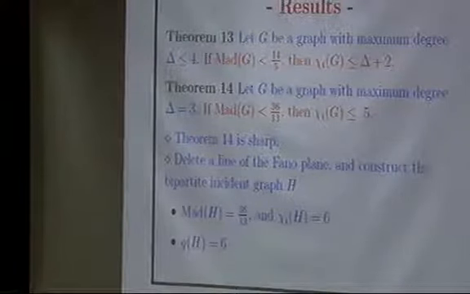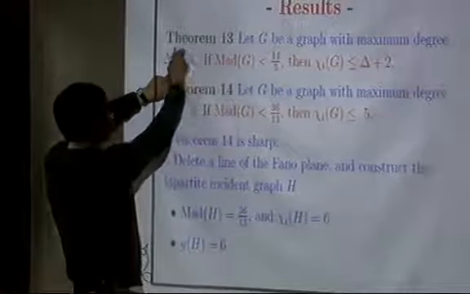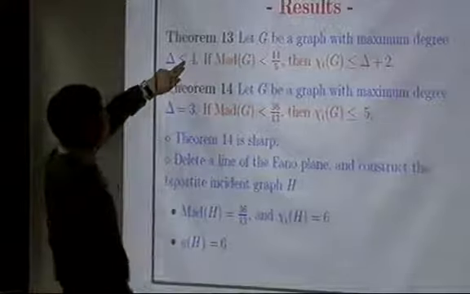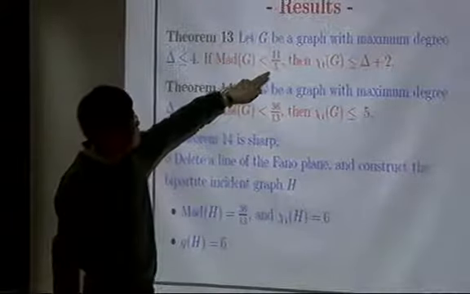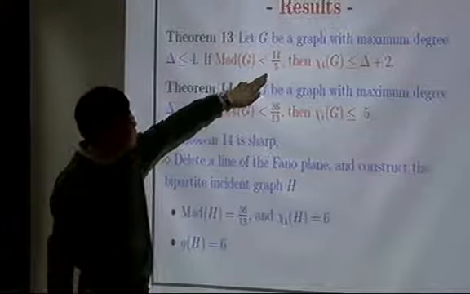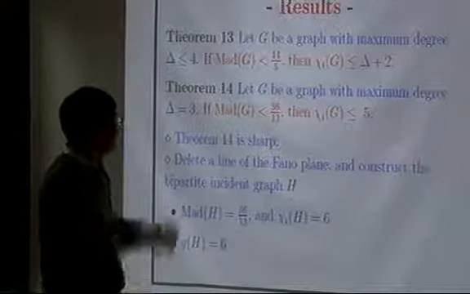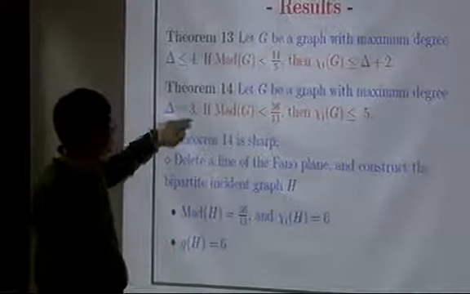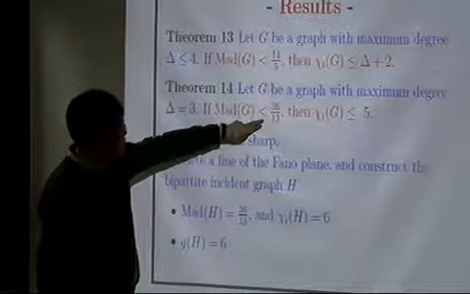And then our second stage of result is, okay, delta is at least 4. Then if maximum average degree is less than 14/5, then its upper bound is delta plus 2. And if delta is 3, then we have this result, and this result is actually sharp.